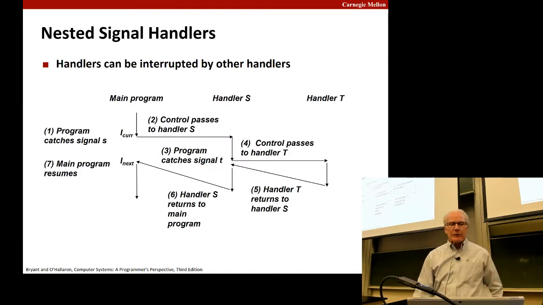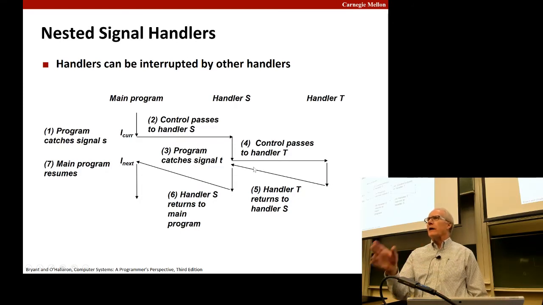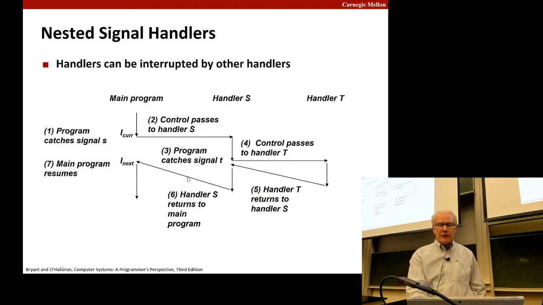So it's possible for signals to interrupt. One signal can interrupt another handler, so it will get this sort of nested thing. But it's important to recognize that once a signal happens, it either returns or it calls exit to the program. There's not much it can do as far as changing the control flow.